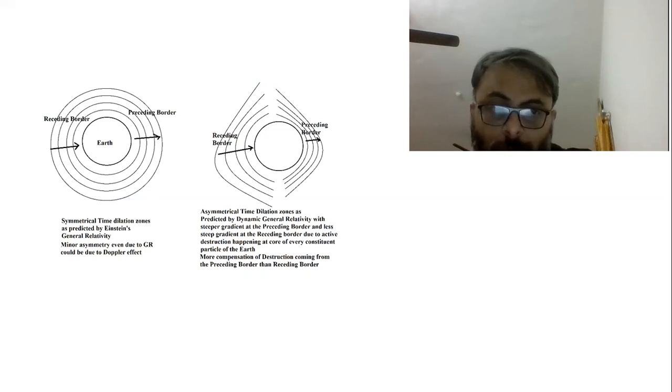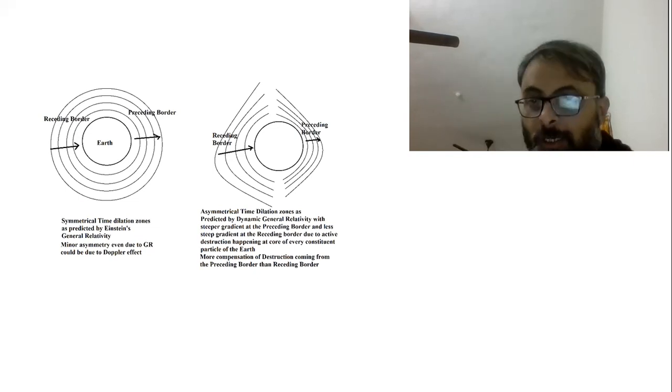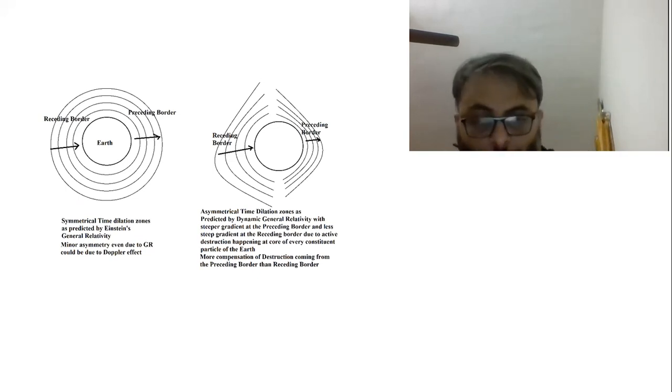Here, on the left side, is the prediction of what the space-time changes around the Earth are, as predicted by general relativity, which is basically time dilation zones. Now this is a very, very hyper exaggerated figure, so don't worry about that.